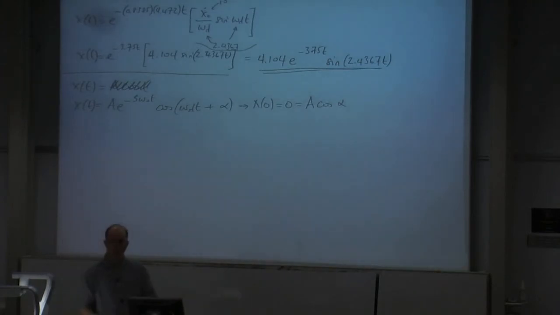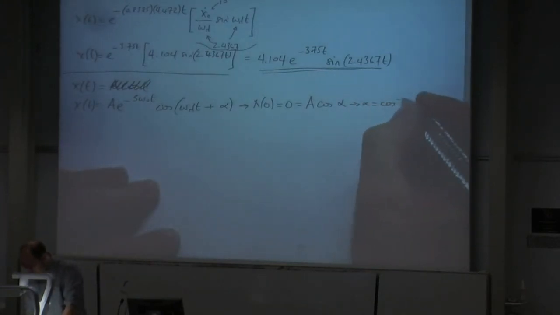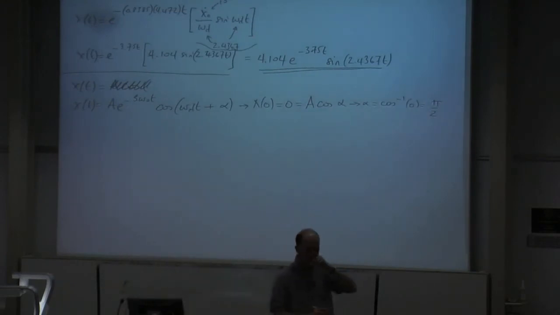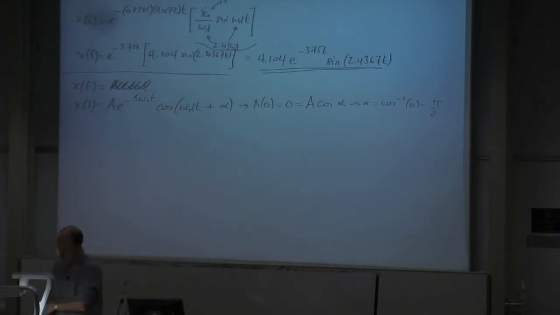A cannot be 0, otherwise there'd be no amplitude, so cosine alpha must be 0. Therefore alpha, inverse cosine of 0, has got to be pi divided by 2, or 3 pi by 2, or 5 pi by 2. But let's assume it's pi by 2. So there's alpha for this equation.